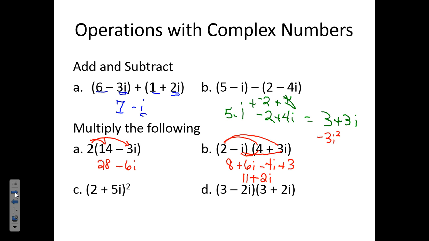What most of the time people want to try to do is square the first, square the last, and call it good. What's wrong with that? i squared is negative 1, so they're going to say that this is 4 minus 25, or a negative 21.